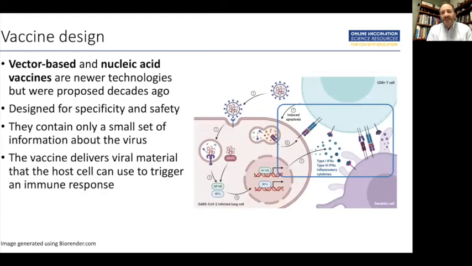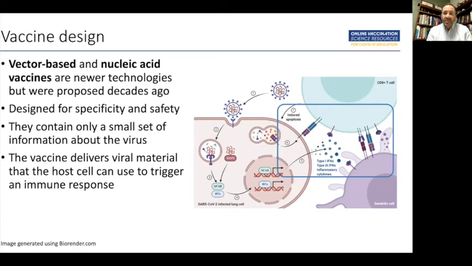Vector-based and nucleic acid vaccines, on the other hand, are newer technologies, but the idea for them has been around for decades. And vector-based vaccines in particular have seen some success before, and nucleic acid-based vaccines are really seeing their major debut with the COVID-19 vaccines that you've been hearing about. These vaccines are designed for safety as well as for specificity.